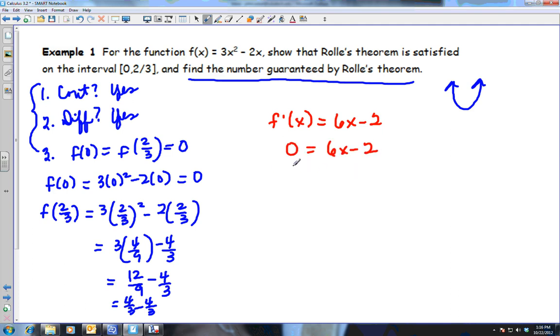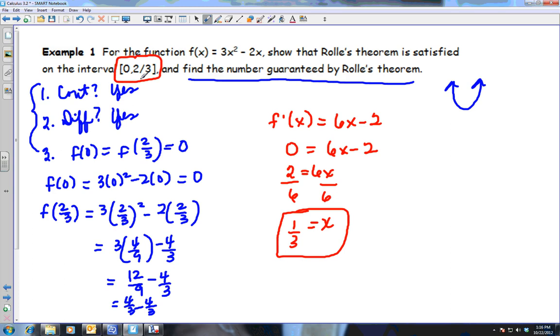If I solve for x, I have 2 equals 6x. Divide by 6, so x equals 1/3. Now, we have to be careful. This number should always fall inside this interval. 1/3 is inside from 0 to 2/3. So if I were to graph this function from 0 to 2/3, I'm going to have a horizontal tangent when x is equal to 1/3. Okay?